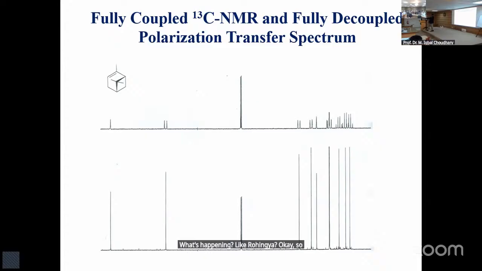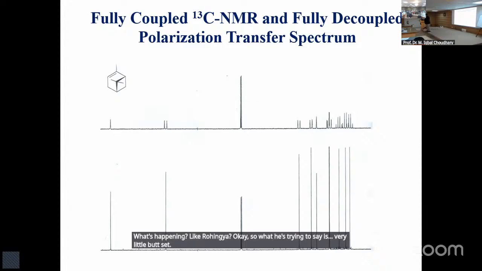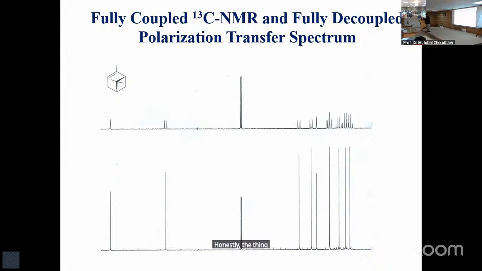Okay, so what he's trying to say is a beautiful concept. All C13, which you're trying to detect, are attached with protons, and protons are NMR active, all of them, right? But of all the protons, only 1% of those protons have a carbon 13 neighbor.